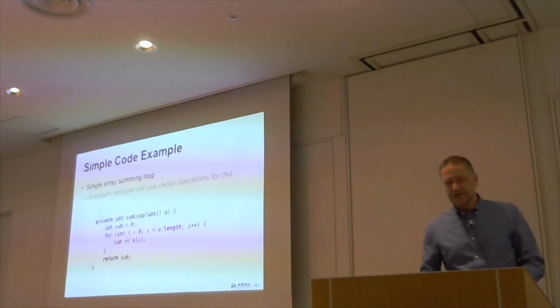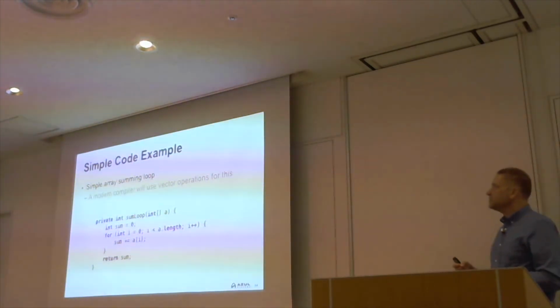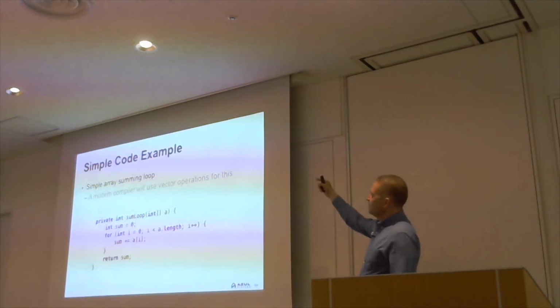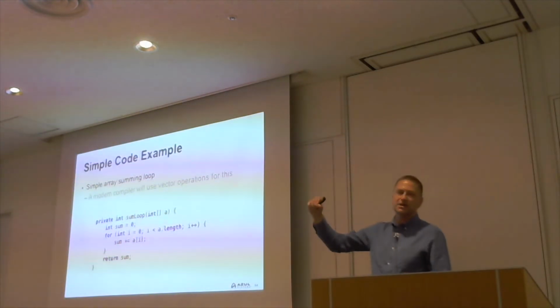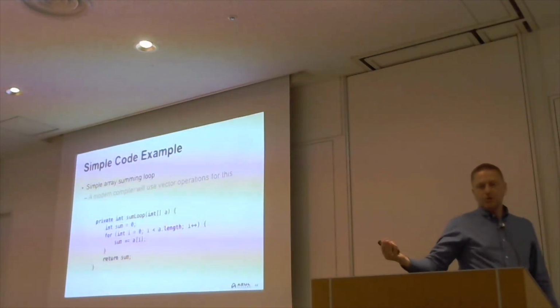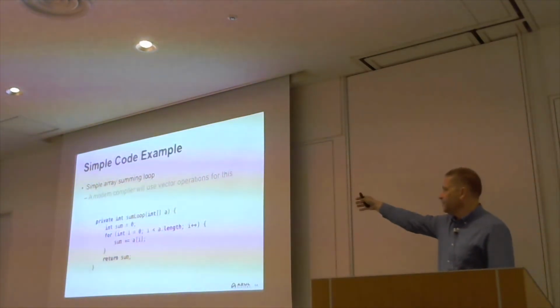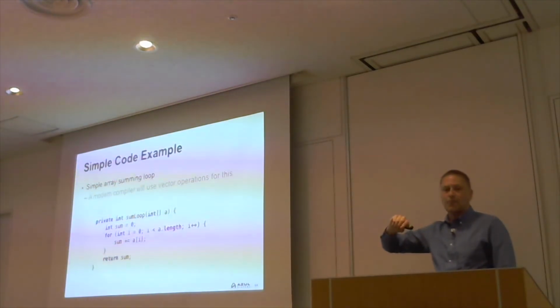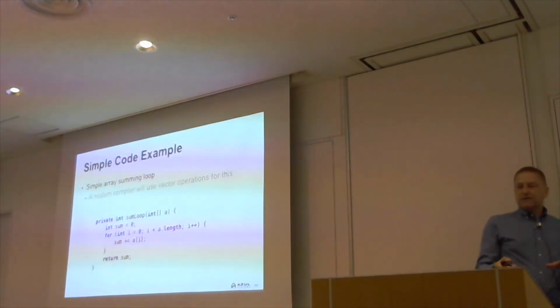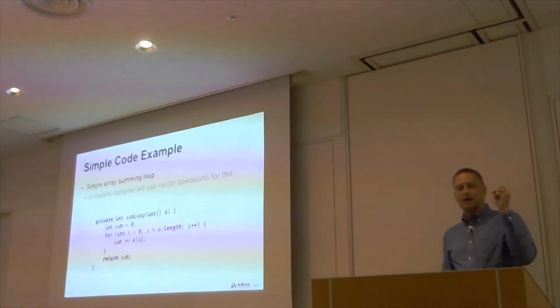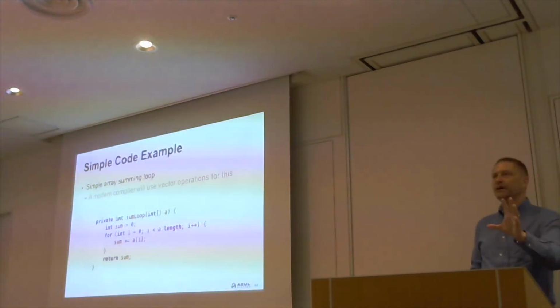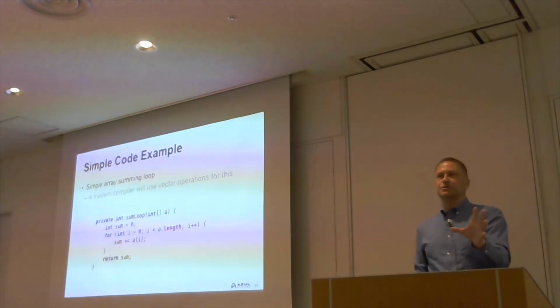So let's have a quick look at a simple example of how this could work. This is a simple piece of code which sums the values in an array. It simply goes through a loop, across the length of the array, and adds things up. If you give that to a modern compiler, it's going to look at that and say, this could be applied in terms of vector operations.